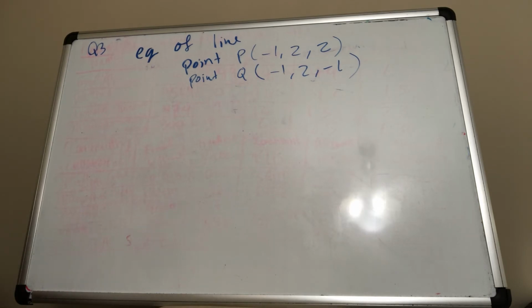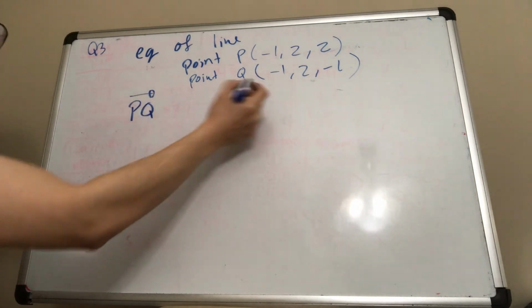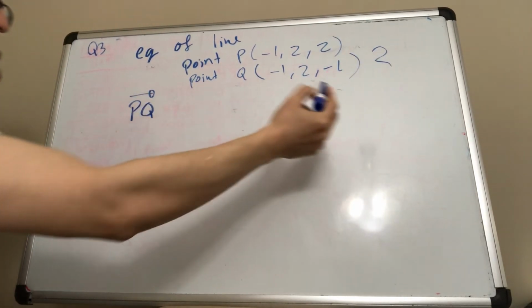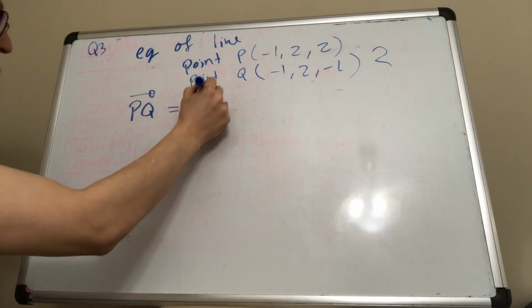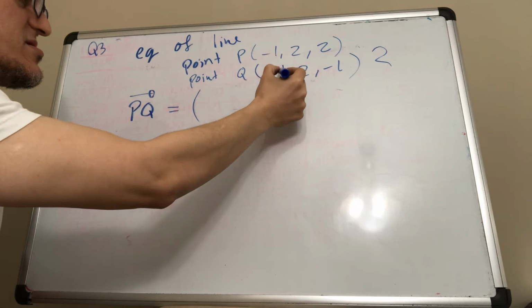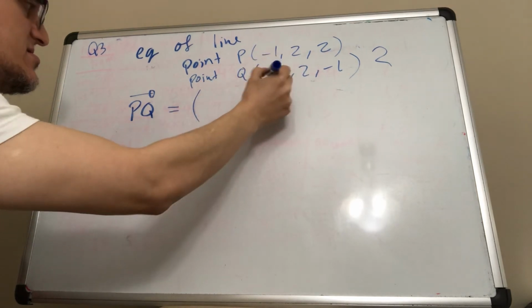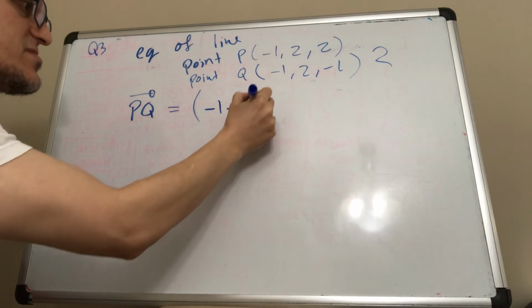Now, to find this, you have to create your vector. So I'm gonna go PQ to create a vector. You go Q minus P, so -1 minus -1.